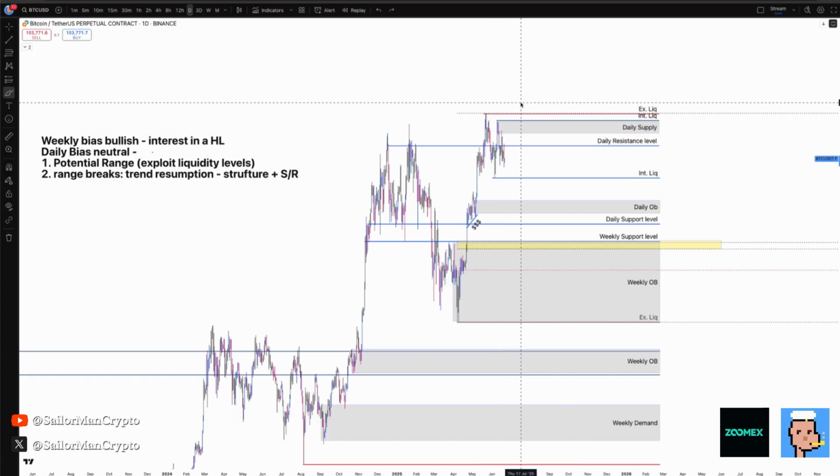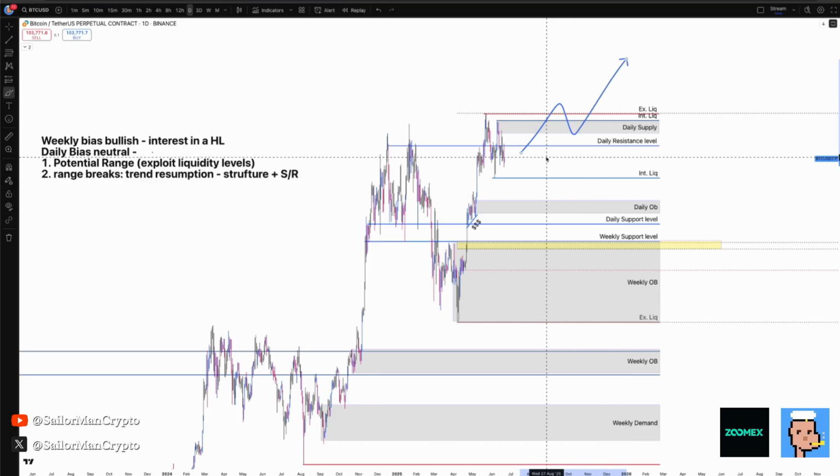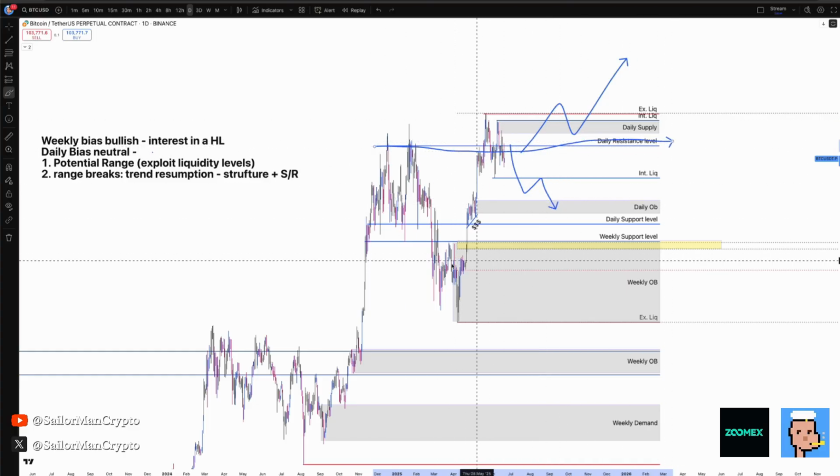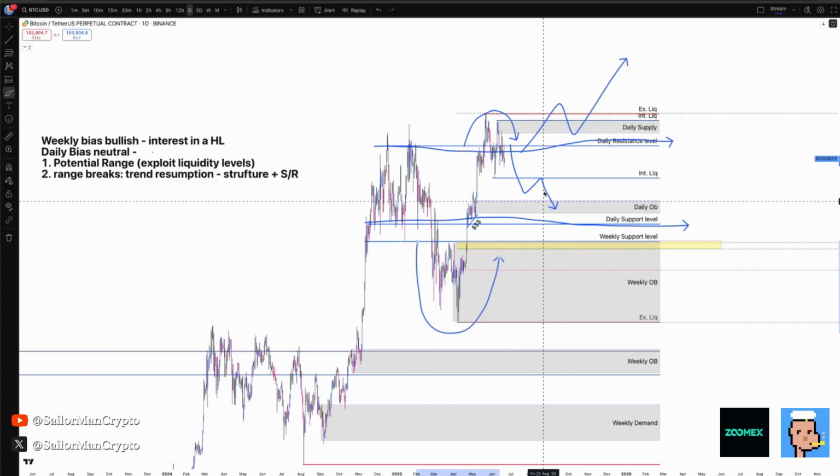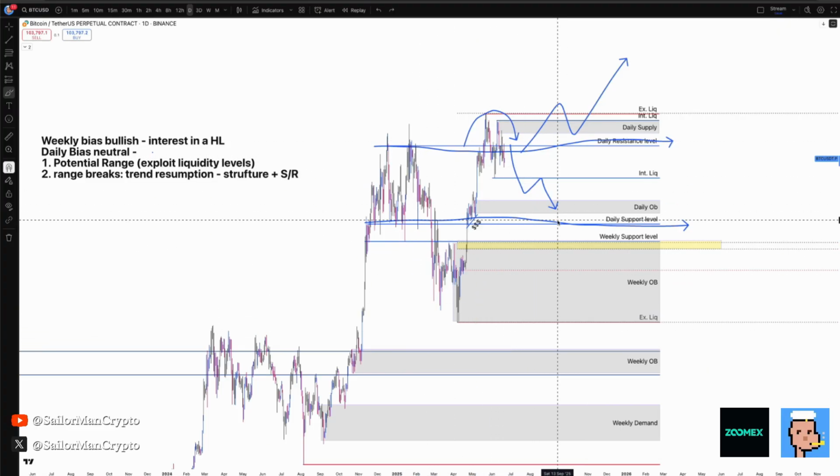If this range is resolved to the upside, you will look for trend continuation above. If it's breaking down, we do have two problems. Again, you know that this is also a support and resistance level. This level was deviated above, this level was deviated below. So now we are looking for a visit back at support.